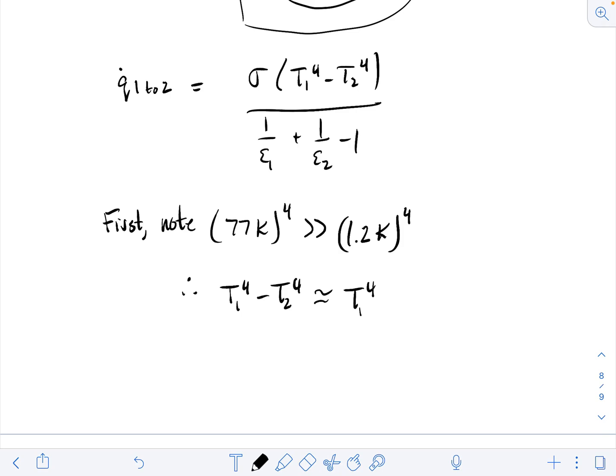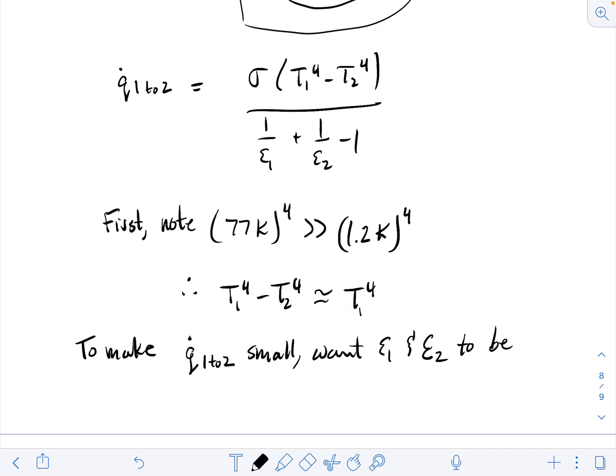Because then we have 1 over epsilon 1, which is large, and 1 over epsilon 2, which is large, and we could have a large denominator. So to make the heat flux small, we want epsilon 1 and epsilon 2 to be small.